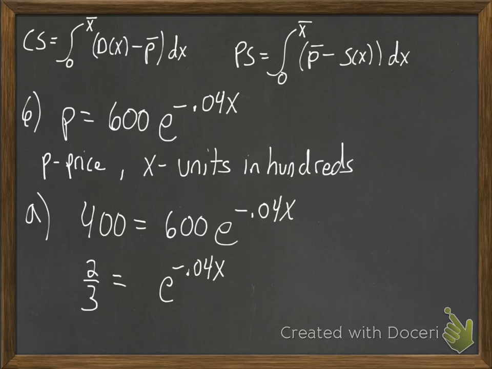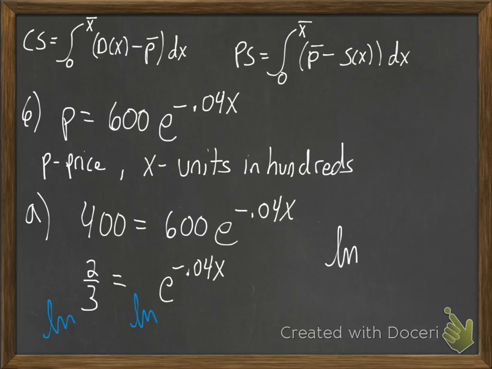And now to get that stuff out of the exponent, we bring our good old buddy natural log into play and apply that to both sides. Of course, natural log of e will cancel out, and the other side will have natural log of 2/3.